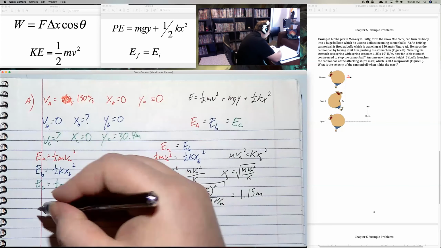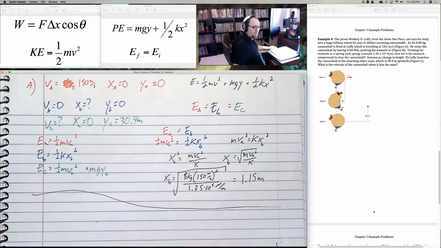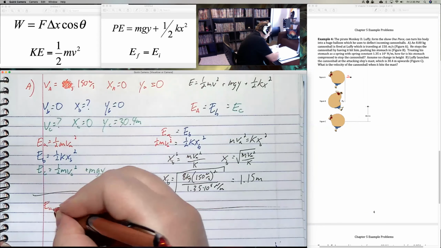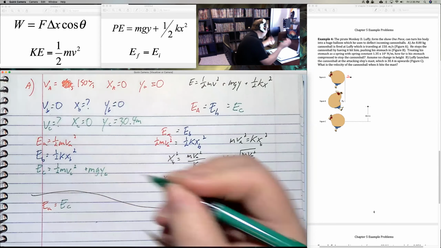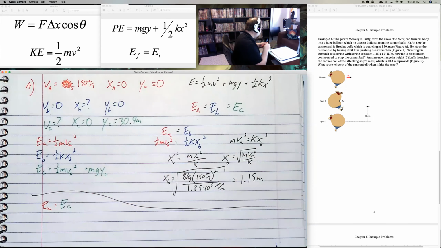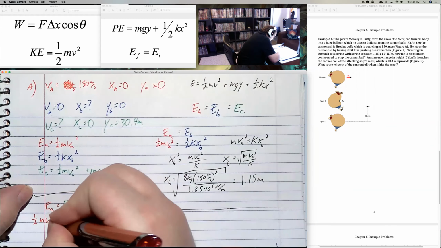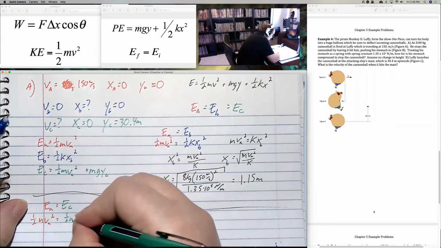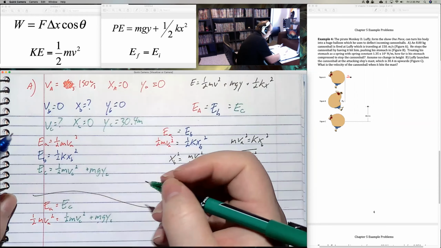I also ask, what's my velocity at C? To get my velocity at C, I will either say EA equals EC, or I would say EB equals EC. Doesn't matter which one I use. I chose to do EA equals EC because I felt like it. I literally have no better reasoning than that. I guess my M's cancel out. That could be a reasoning.